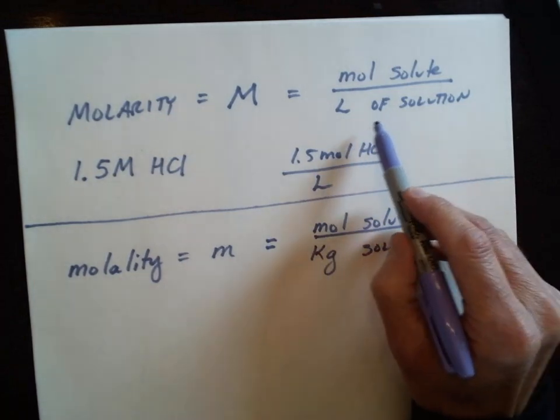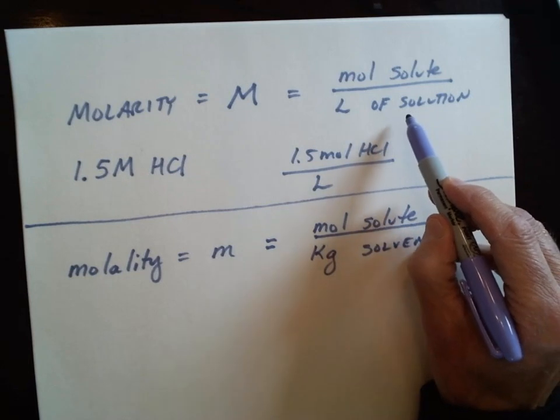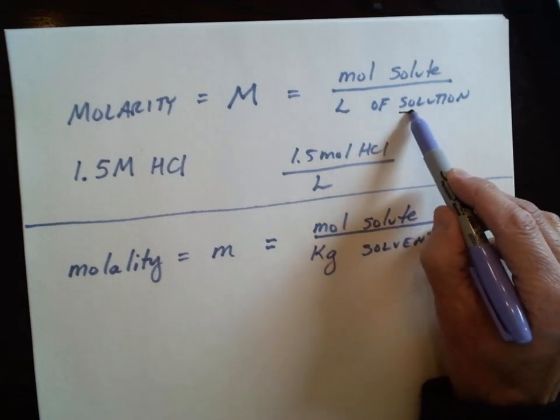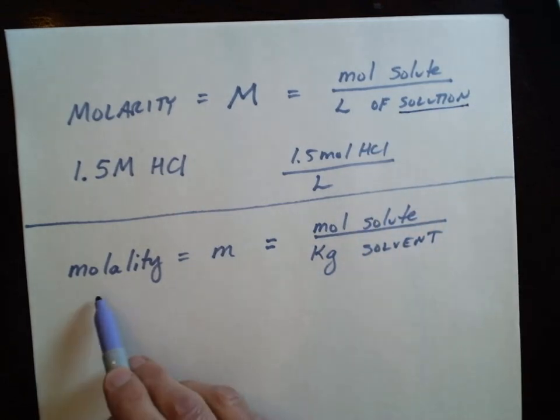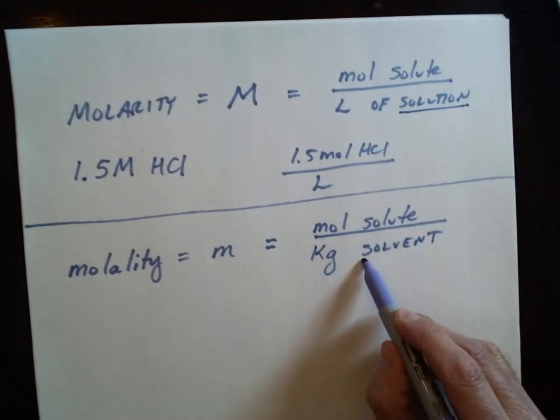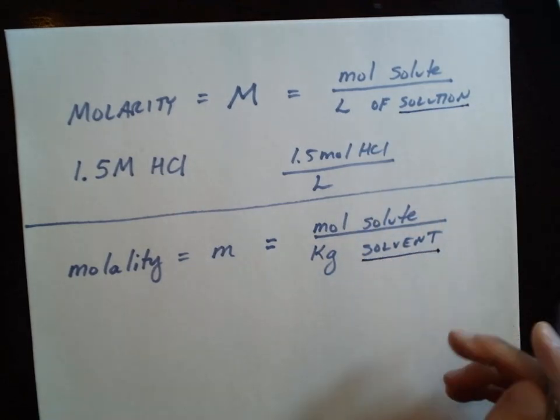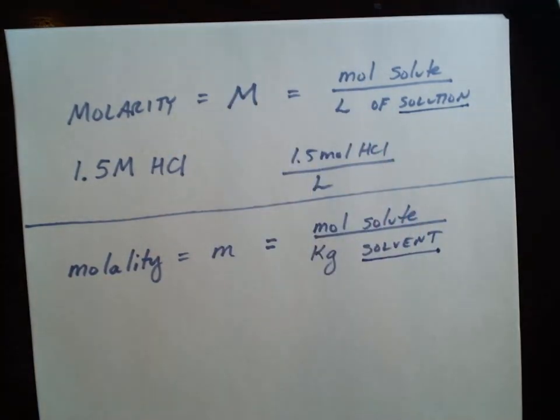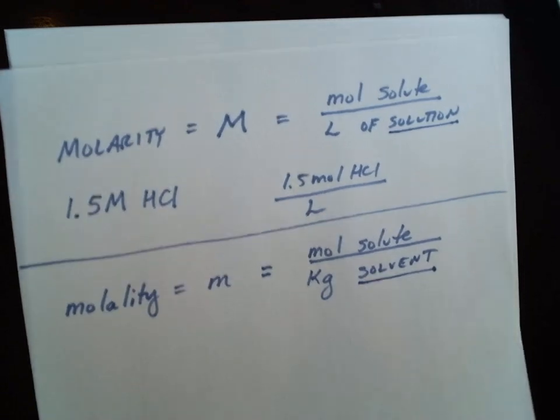Also, what the denominator is referring to differs. In molarity, we are talking about liters of the solution, whereas in molality, we're only dealing with the solvent. So these are some important things to keep in mind when thinking about molarity and molality. We're just going to do definitions now. We'll go to problems in the next video.